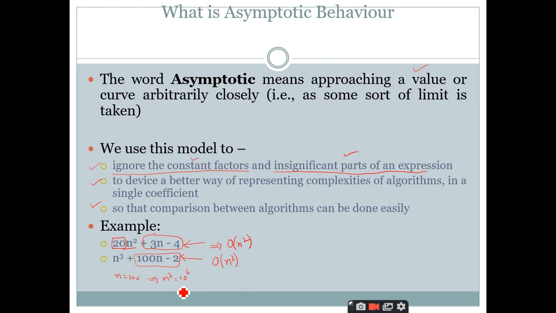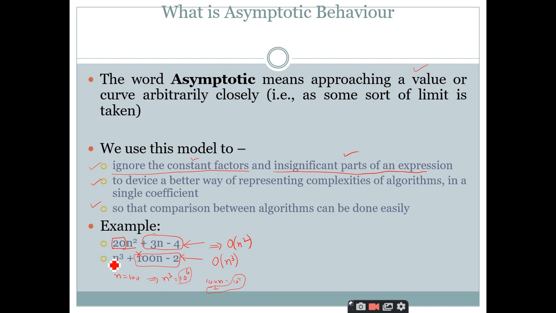Yes, sir. Right. What is 100n? 100 into 100, it is 10 power 4. Right. And minus 2. So when compared to 10 power 6, the 10 power 4 and minus 2 are less significant, so you can neglect this part.